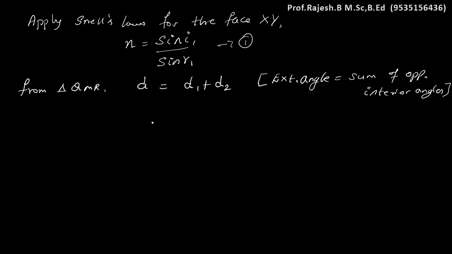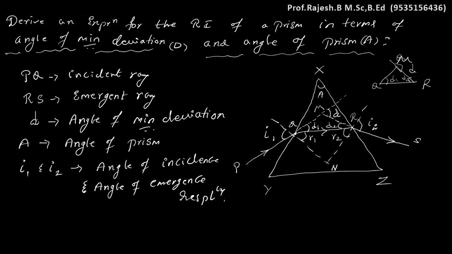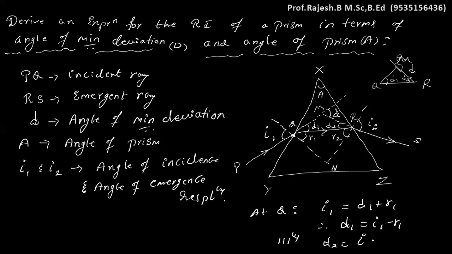So let us find out what D1 and D2 are. Now, in the picture, at this point Q, vertically opposite angles are equal. I1 is equal to D1 plus R1, right? Therefore D1 can be written as I1 minus R1. Similarly, we can also write D2 as I2 minus R2.